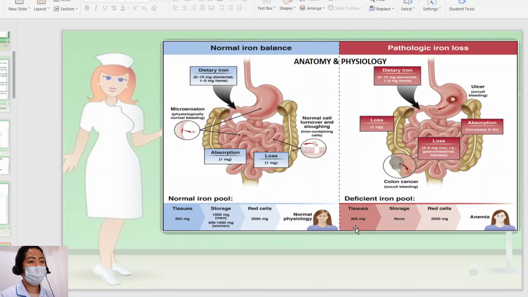So the pathway when taking iron in 300 milligrams going to the tissues, there will be no storage, and the red cells are around 2000 milligrams. So the patient is anemic or has iron deficiency anemia.